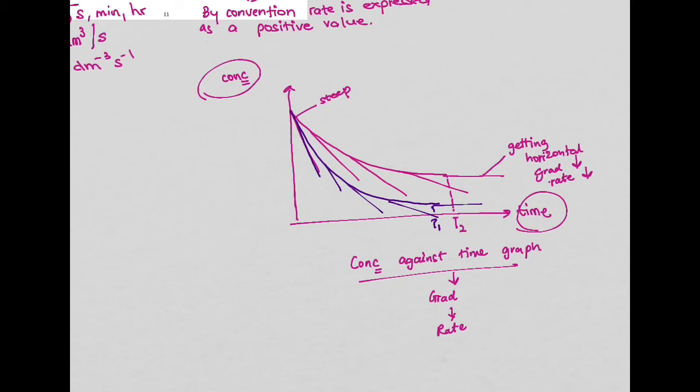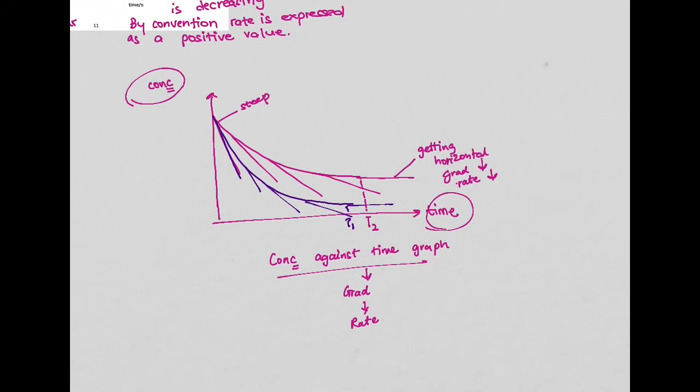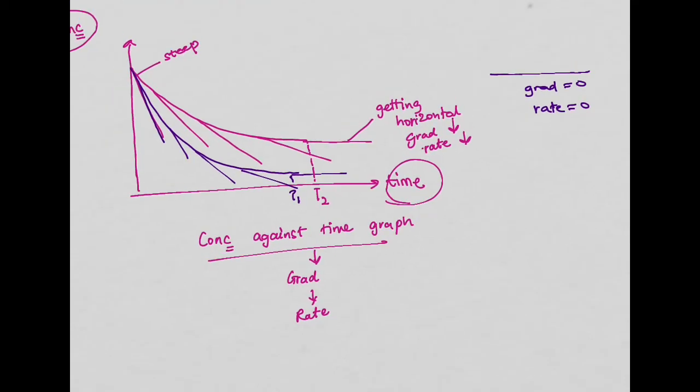So in the blue line, it took less time for the graph to become horizontal. When you have a horizontal line, the gradient is 0 because it has no slope, so the rate is 0. And if rate is 0, what does that mean? It means that the reaction is over.